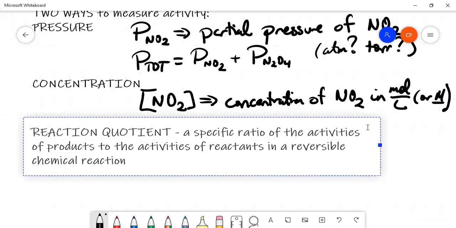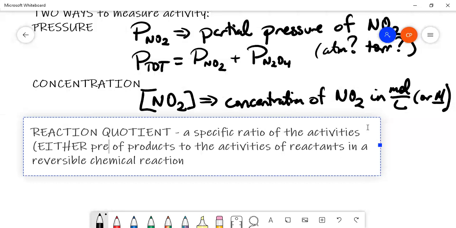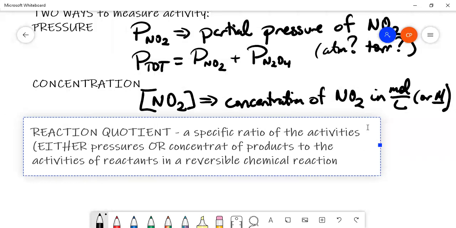Let me be plain with the activities. I can write a reaction quotient as a ratio of pressures or as a ratio of concentrations. But a reaction quotient is the ratio of activities of the products to the activities of the reactants in a reversible chemical reaction.